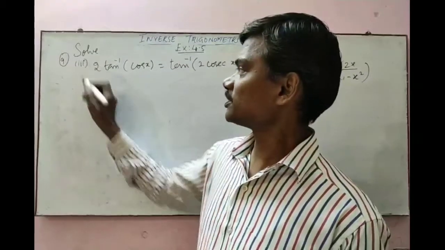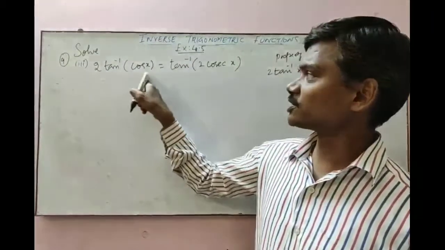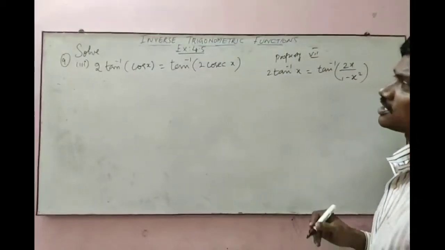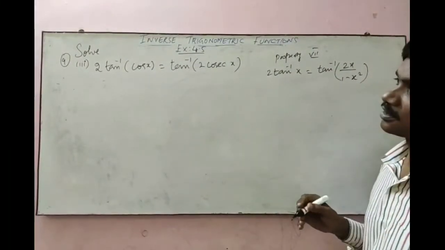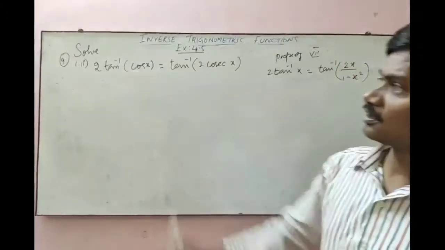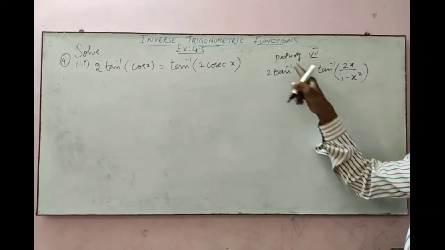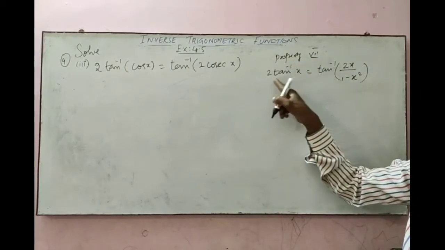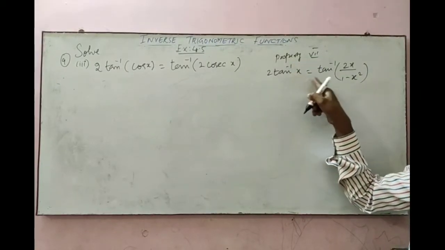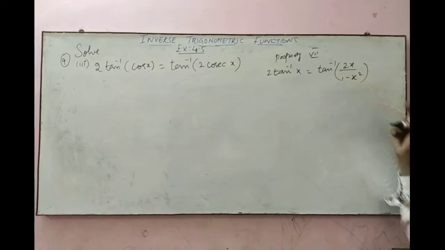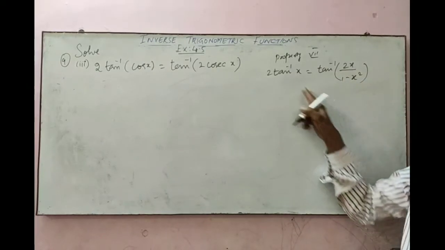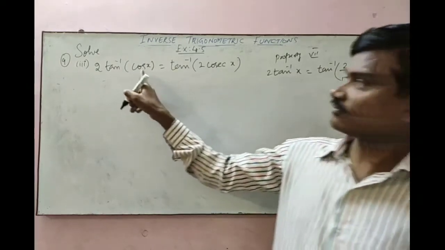In the third subdivision, we have 2 tan inverse of cos x is equal to tan inverse of 2 cosecant x. Here also we have to solve and get the value of x. I am going to use the same property 7. In that the first formula is 2 tan inverse of x is equal to tan inverse of 2x by (1 minus x square). Use this formula in the left hand side.